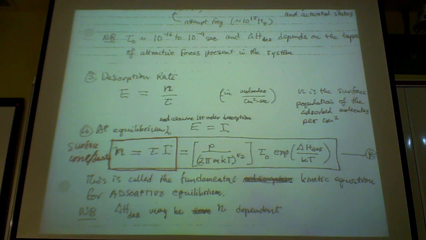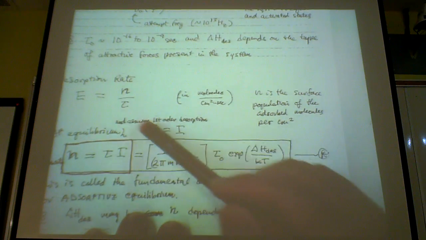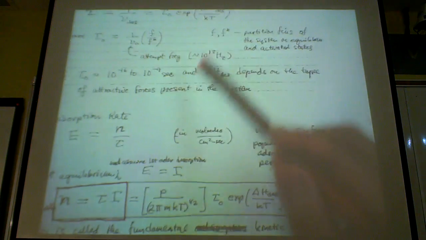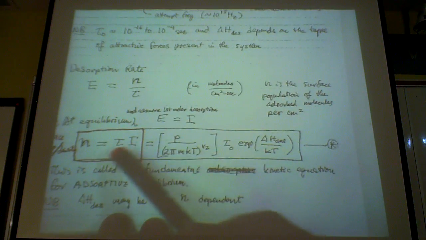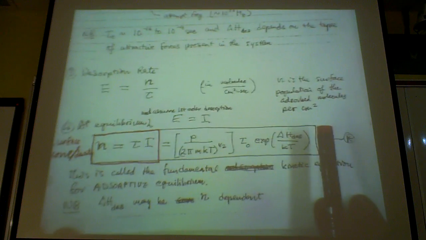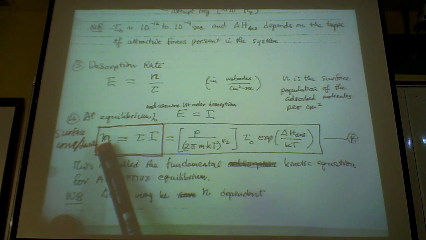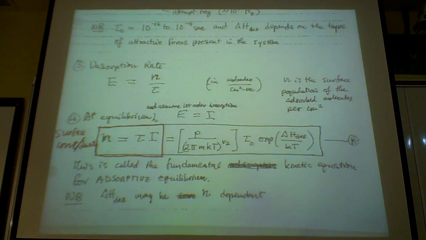Okay, the detail is that because of this expression and my expression of my surface lifetime, I can expand this concept into an equation where the surface concentration should be proportional to the pressure, right?